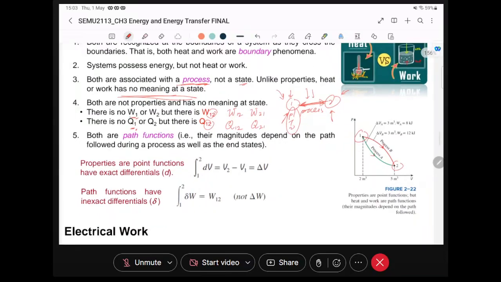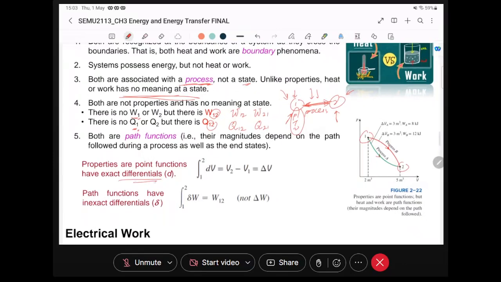For a property, we write the change like this. But for work, usually we just write it like this. We don't write a change in work, because it's already a difference, work 2 minus work 1. What we're concerned with is this.